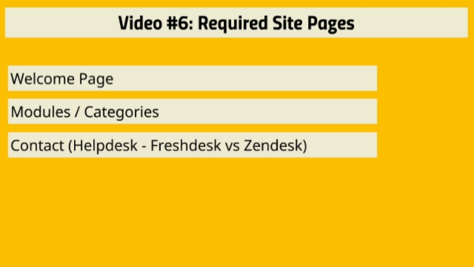And then of course you want to have a contact page. Long time ago when we ran membership sites, a lot of times we would forget this page. And unfortunately, people would also do refunds because they could not contact us. So when it comes down to what help desk should you use, we have found there are two that are really good. We have tested Freshdesk. We really love that.